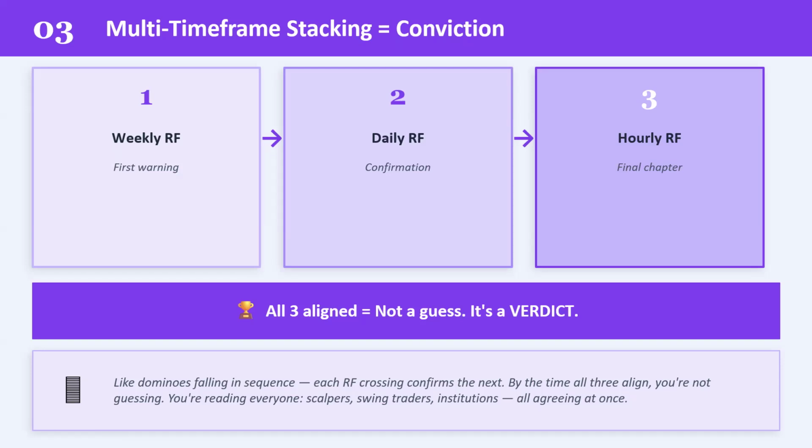Here, weekly RF, daily RF, hourly RF, it is a conviction. That type of alignment comes very, very rarely. That happened yesterday on the Bank Nifty.